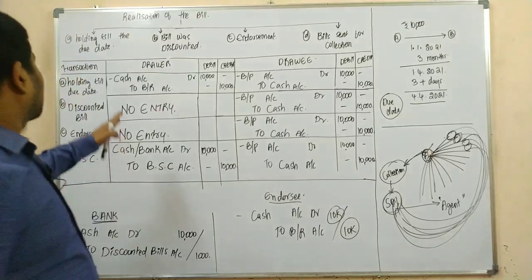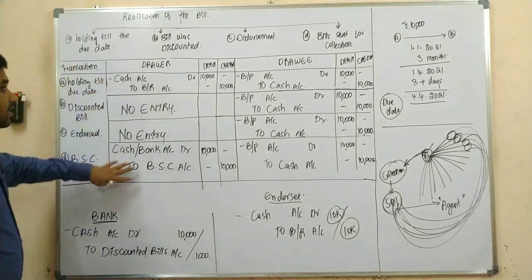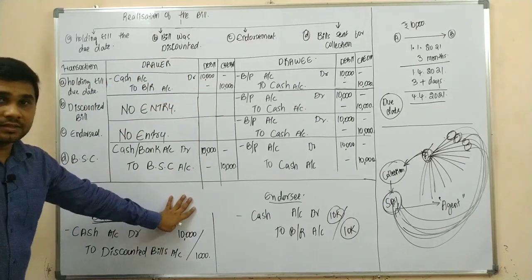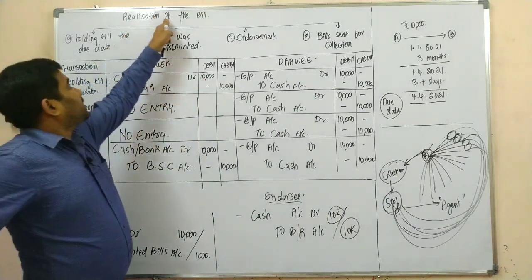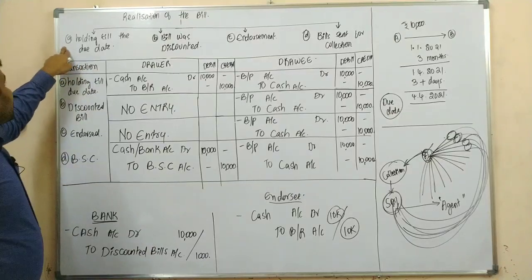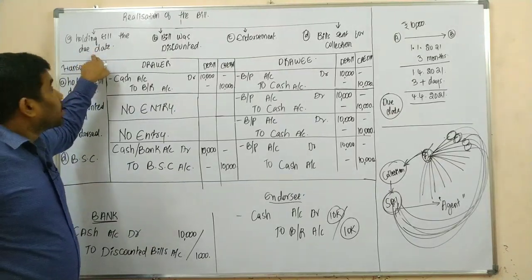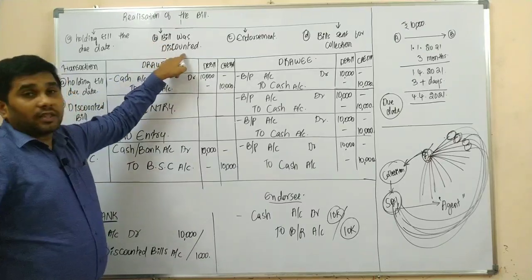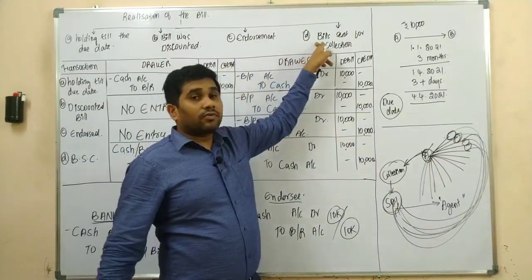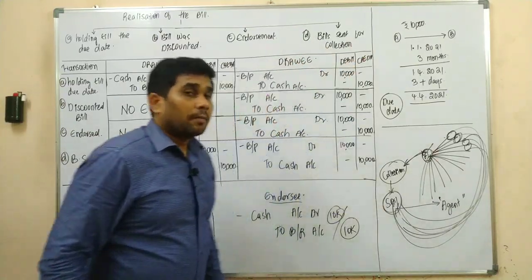So this is nothing but the journal entries in the books of various parties upon realization of the bill, if the drawer is holding till the due date, or if the bill was discounted with the banker, or if it was endorsed, or if it was sent for the purpose of collection.